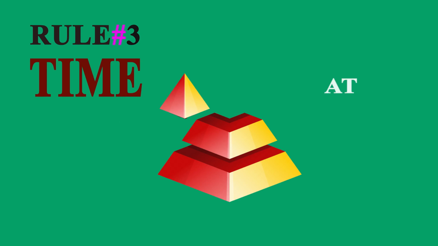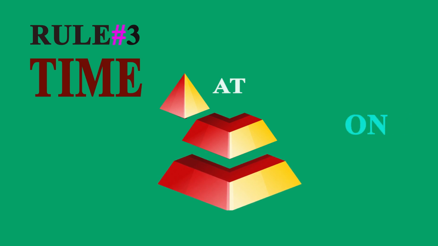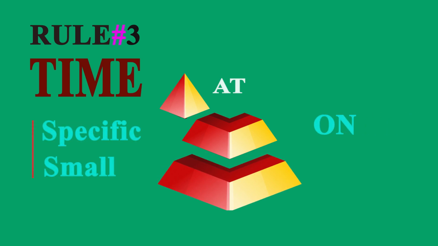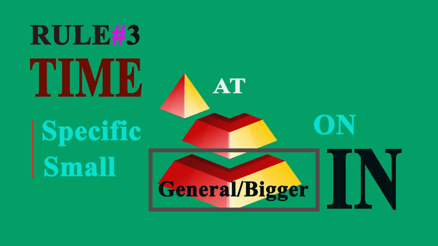Rule 3. Time. So we have learned the pyramid rule. At is for very specific and very small, and we use on for specific and small. But in this case, the bigger one, that is the general or bigger meaning, we will use preposition in.